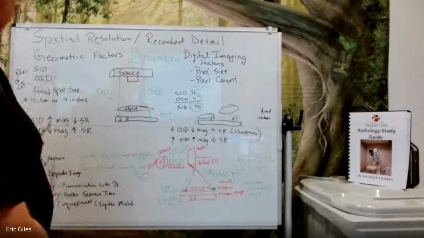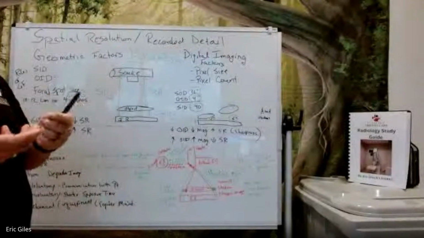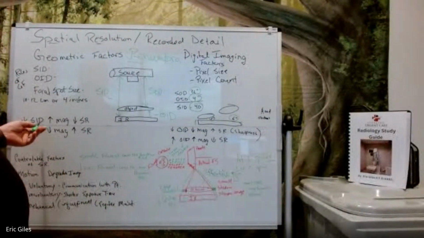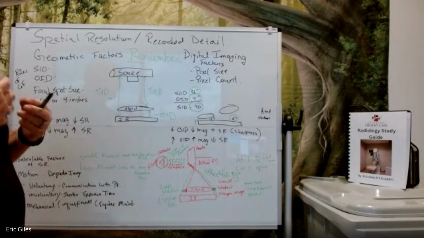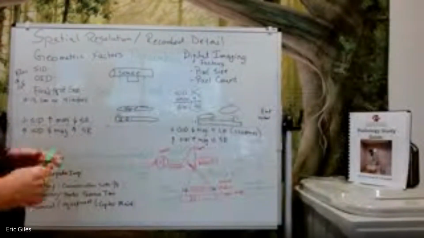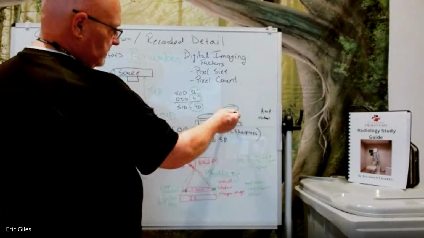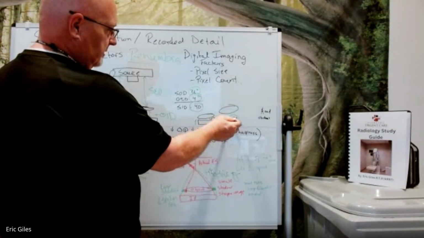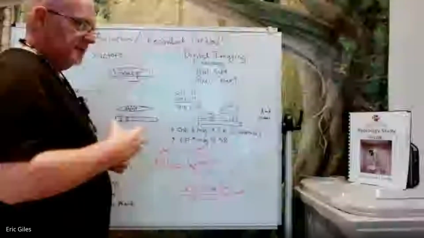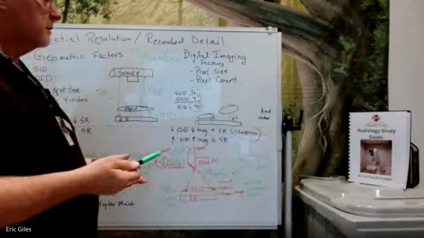Just keep in mind that if we have more SID, your spatial resolution is going to be better. If we have less SID, you're going to suffer a little with your spatial resolution, as well as OID. If we have space between our patient and the image receptor, we're going to have magnification, and we're going to have less spatial resolution or less sharpness.